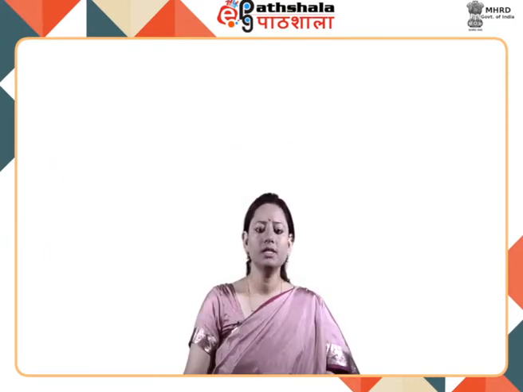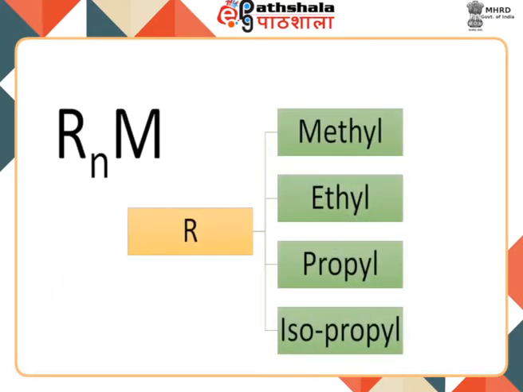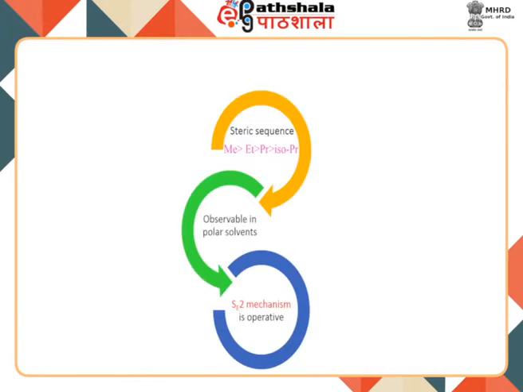For the relative rates of electrophilic substitution of metal alkyls of type RM, where R varies through methyl, ethyl, propyl and isopropyl, two sequences of reactivity can be distinguished, and these two sequences are solvent dependent. First, a steric sequence, methyl, ethyl, propyl, isopropyl, observable in polar solvents where the SE2 mechanism is operative.